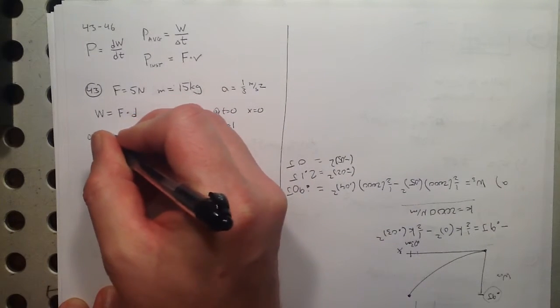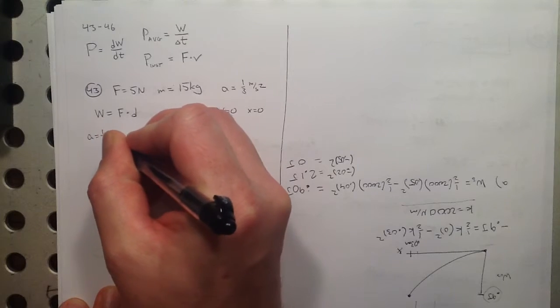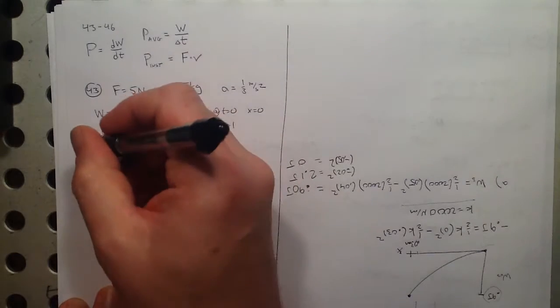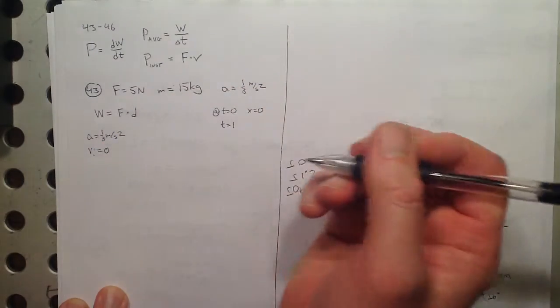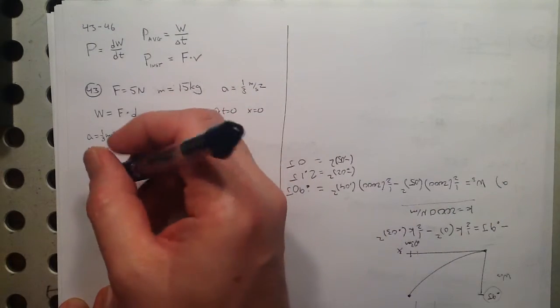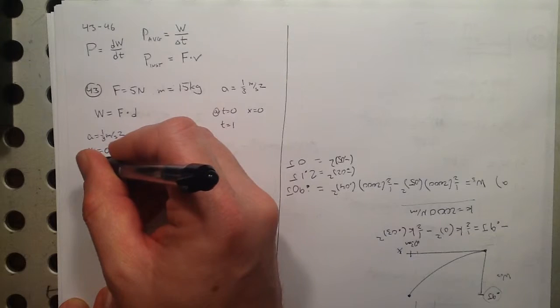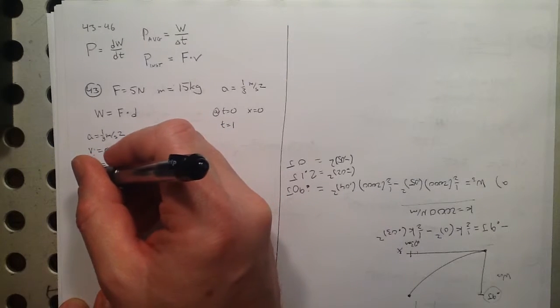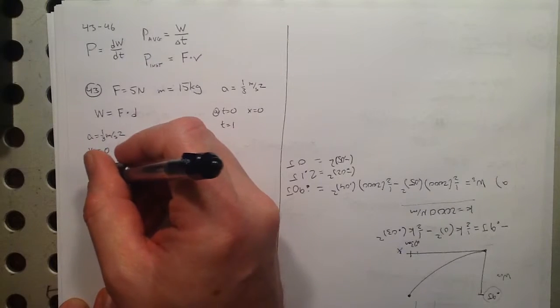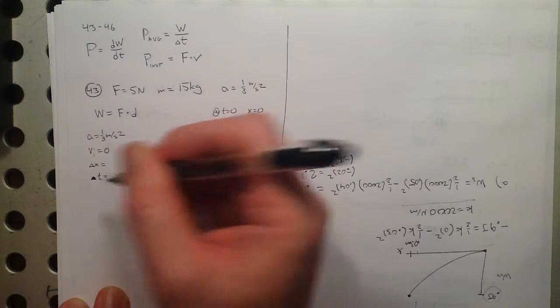The acceleration is 1/3 of a meter per second squared. The initial velocity starts from 0. We don't need to know the final velocity. Actually, we might for a later part, but I want to know the displacement at various times, and the delta t, or the amount of time that's gone by.